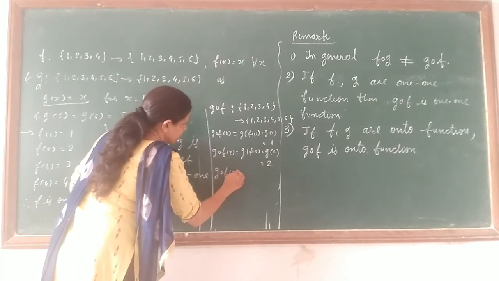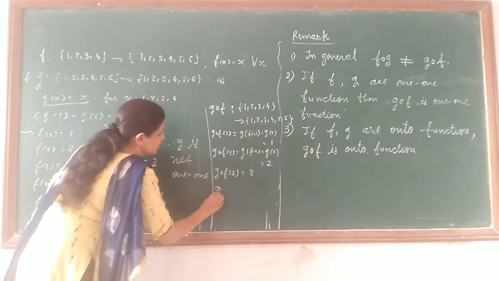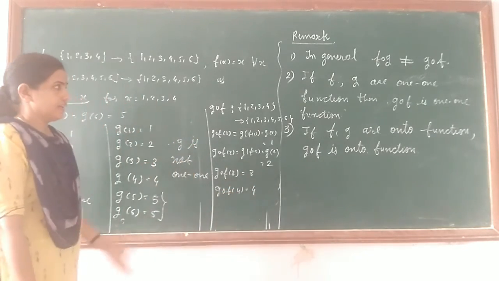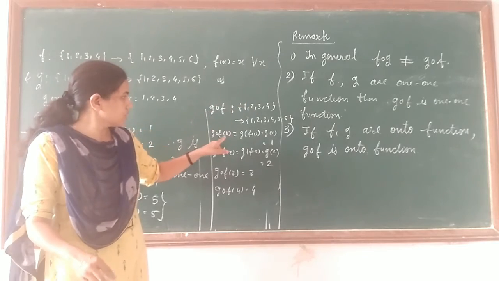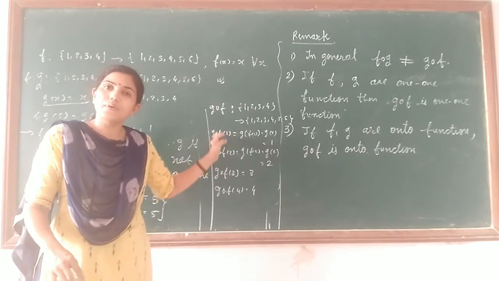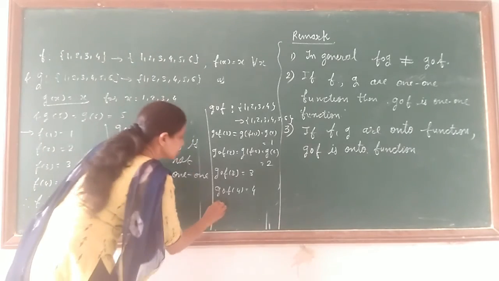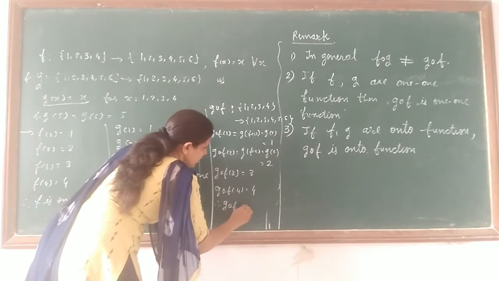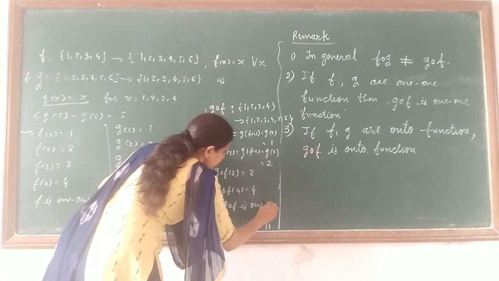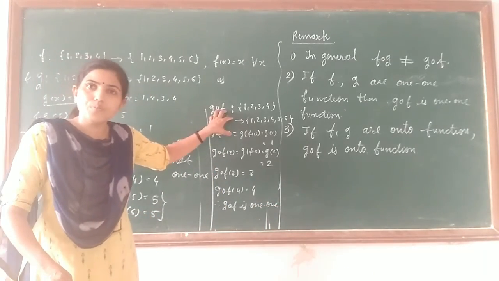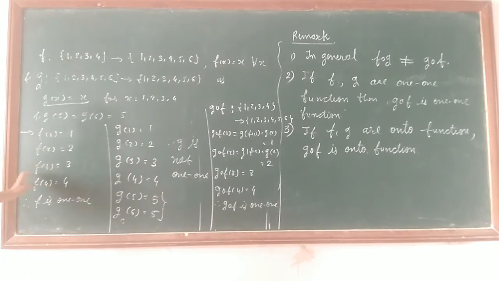Similarly, g of f of 3 is 3, and g of f of 4 is 4. So different elements have different images. Therefore g of f is 1-1.